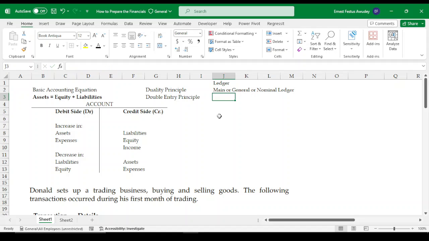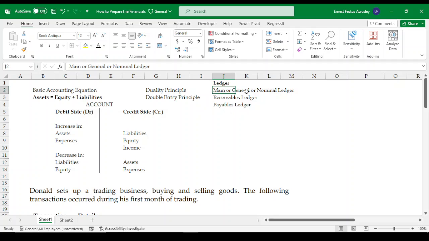Then the second one is the receivables ledger. And then finally we have our payables ledger. All right. So I have explained ledger. So what are the types of ledgers?